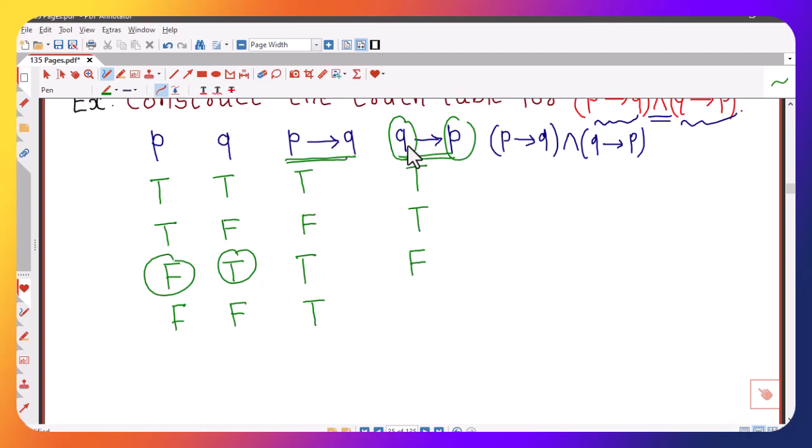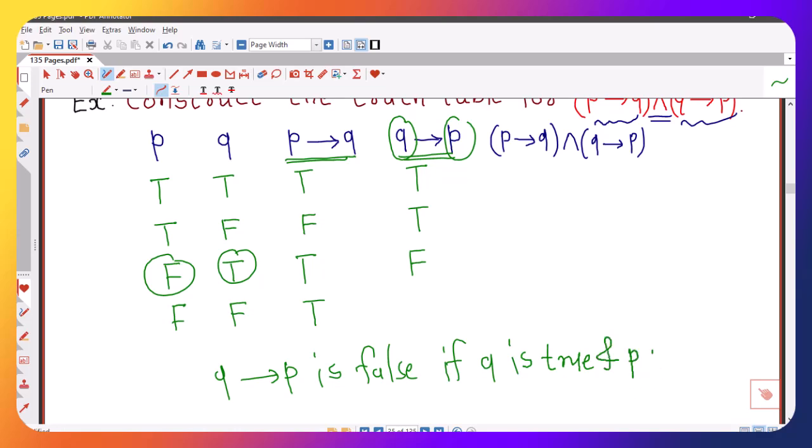Okay, again I recall Q to P. Q implies P is false if Q is true and P is false. So in this situation Q is true and P is false, and we have Q implies P, therefore Q to P becomes false, and in all other cases it has truth value T.